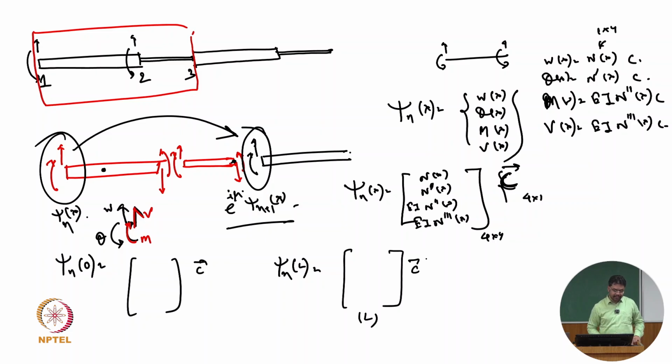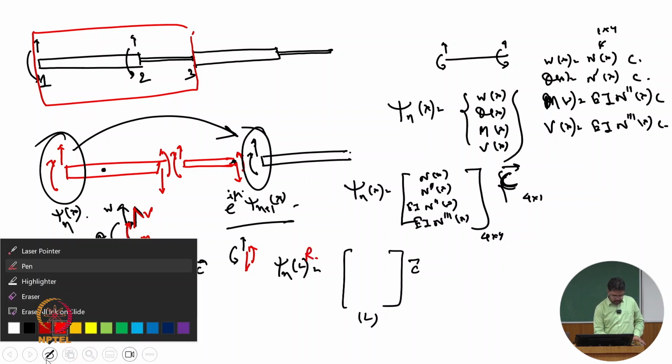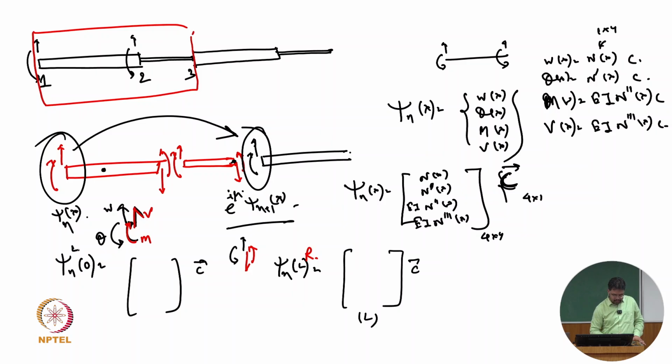But what will be the directions? If we are taking it on the right, then the direction of the displacements will be the same, and the forces will be opposite. This will be coming on the right side. So right side I put R, and left side I put L. Okay, fine.